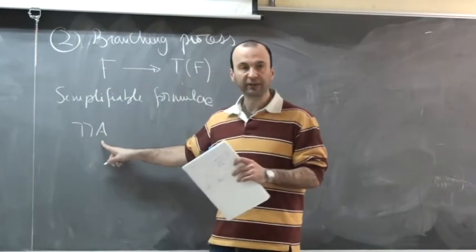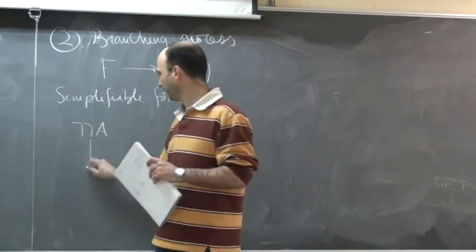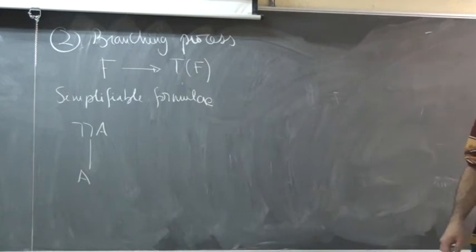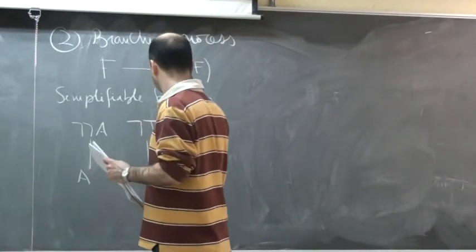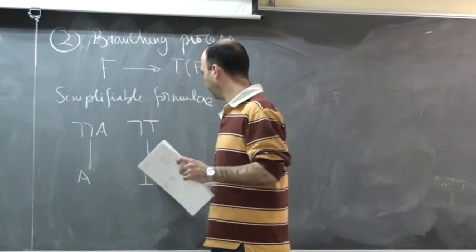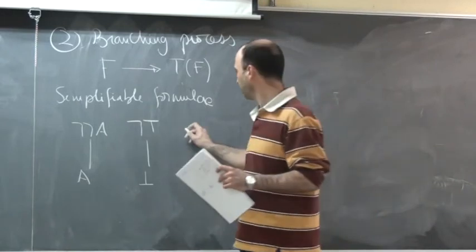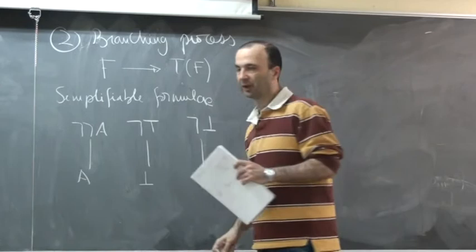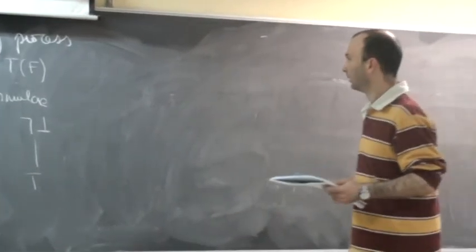Every time I see this, whatever it occurs in the tree, I just branch that way. The negation of true will be false, branched in that way, and the negation of false will be true, branched in that way. Okay, nothing complicated.